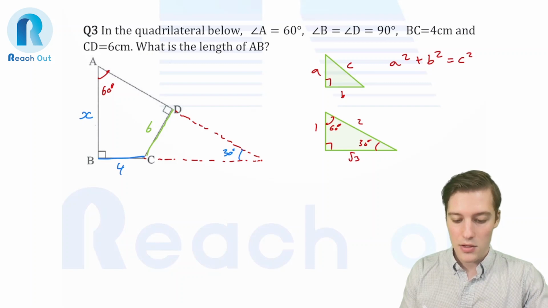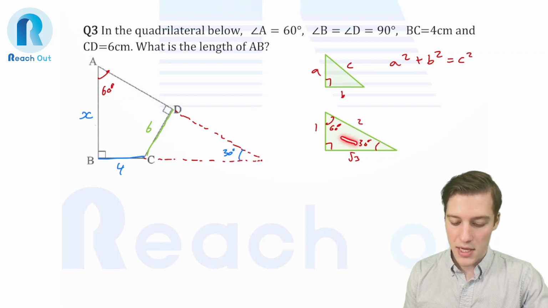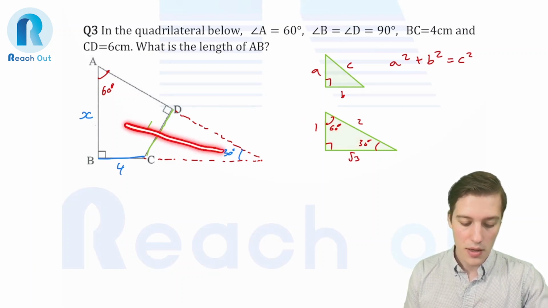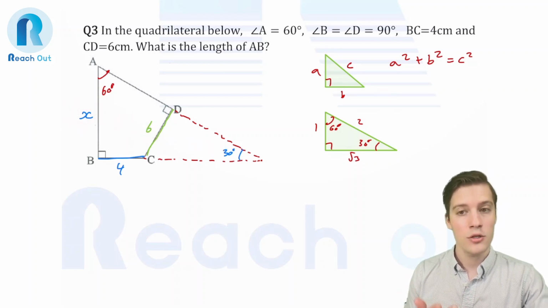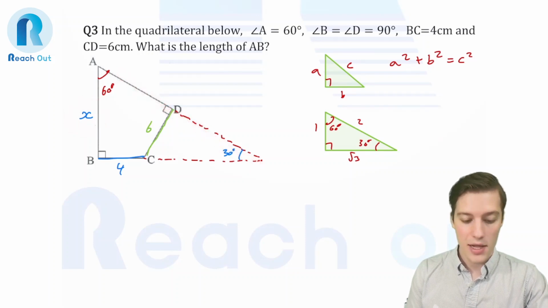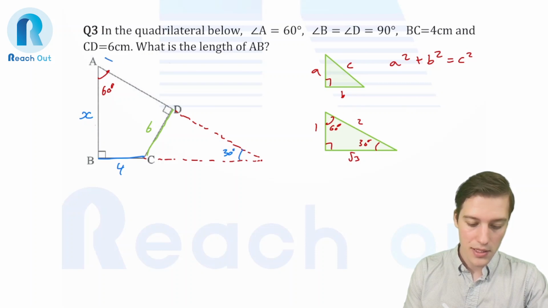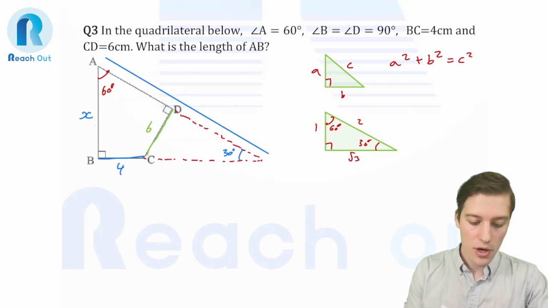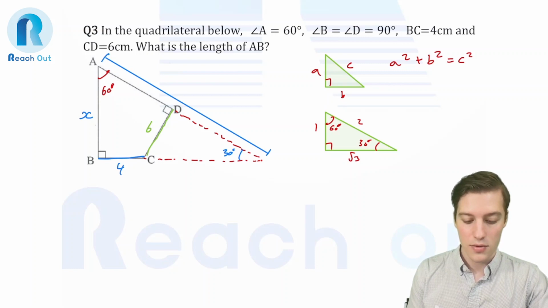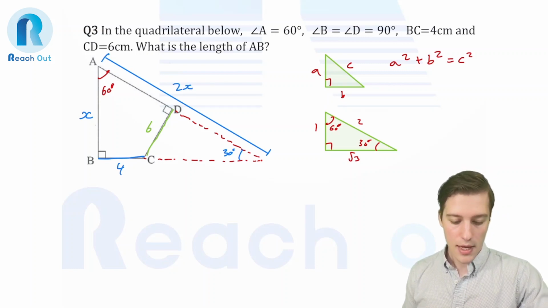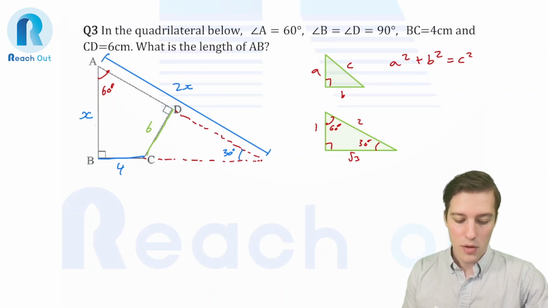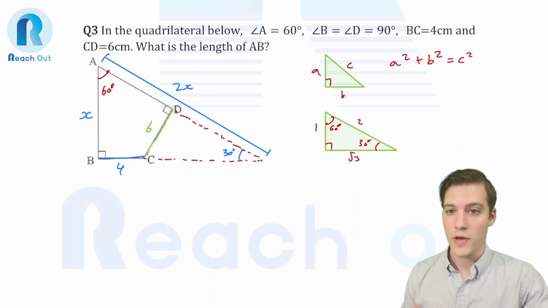The key thing to take away is that the side opposite 30 degrees, in my case the x, is always going to be half of the hypotenuse, or the hypotenuse is going to be double this value. So by utilizing this theorem, the hypotenuse is going to be double x, or just 2x. Okay, so I've got my hypotenuse, and I'm figuring out this x. Both of them are in terms of x, very convenient.